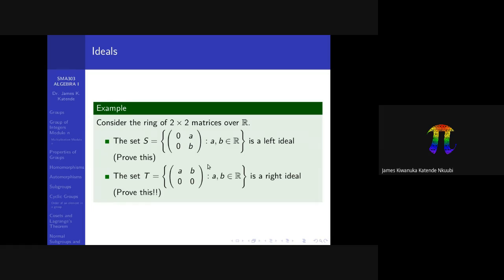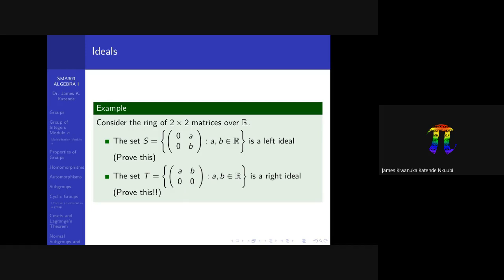How do you show that? If you pick any other 2 by 2 matrix and multiply it on the right of a matrix from T, then you should get another matrix in T. So these are two examples, a left ideal and a right ideal.